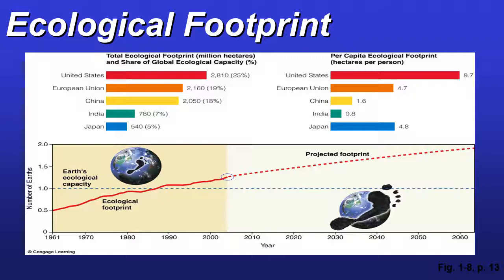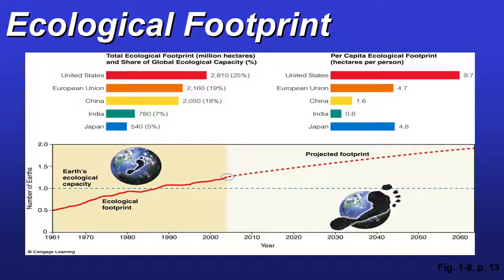Okay. When it comes to looking at us on a per capita basis, the US needs almost 10 hectares per person in order to supply the demand for resources from our United States citizens. When we look at China and India, despite the fact that they are the 2 most populated countries in the world, their eco footprints are less than that of the United States.